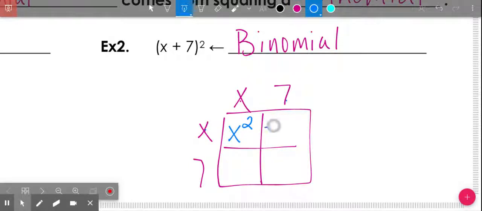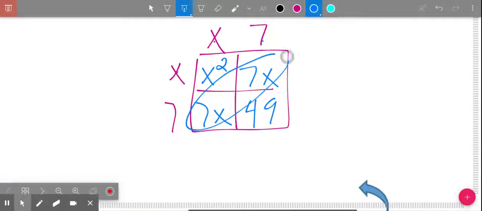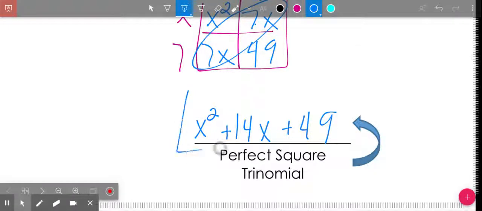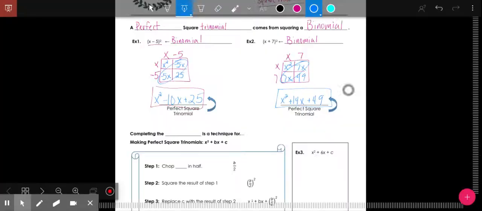X times 7 gives me 7x. X times 7 gives me 7x again. And 7 times 7 gives me 49. Combine like terms on that diagonal. We'll have x squared, 7 plus 7 gives me plus 14x, plus 49. This right here is our perfect square trinomial.